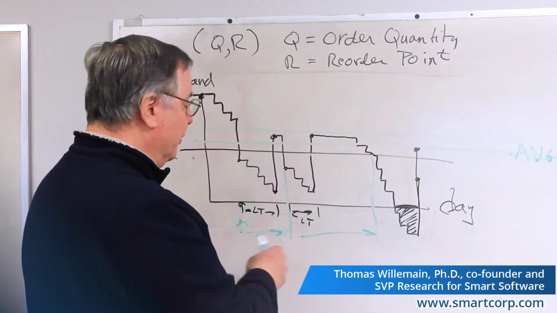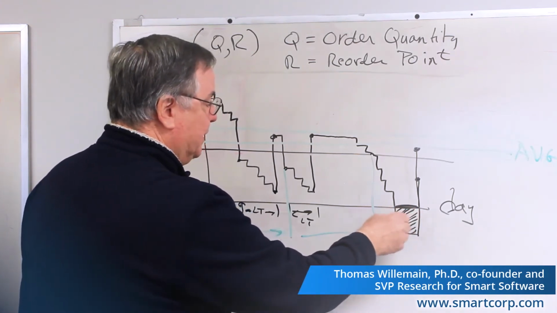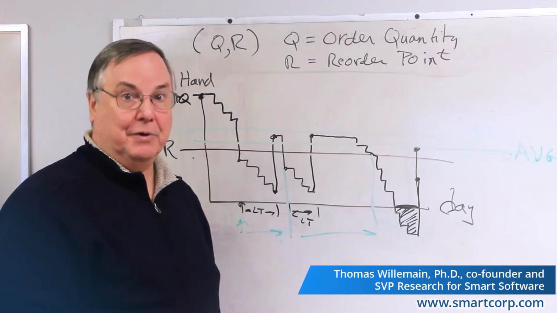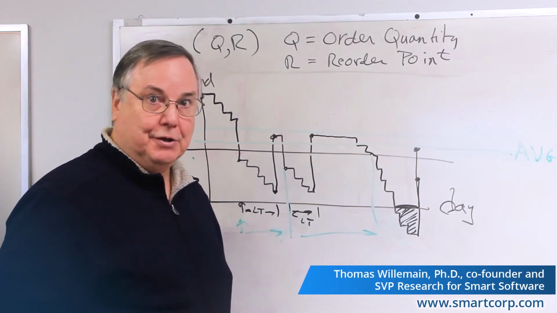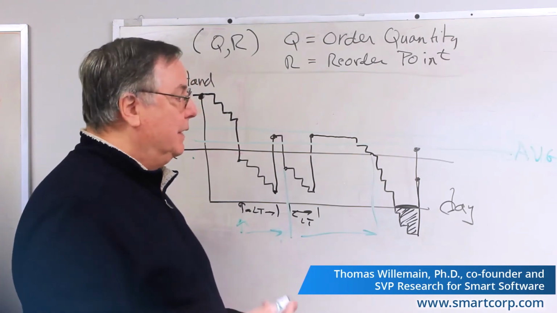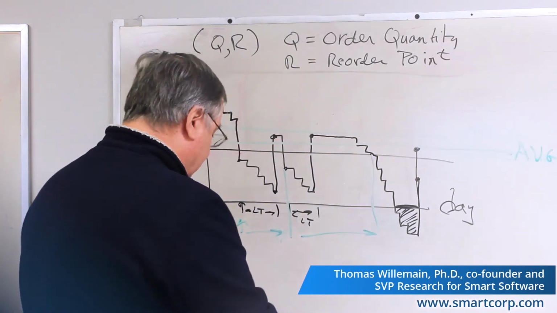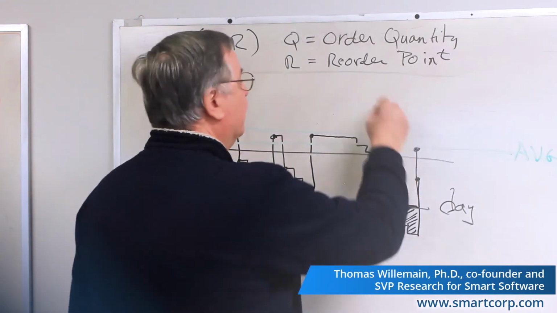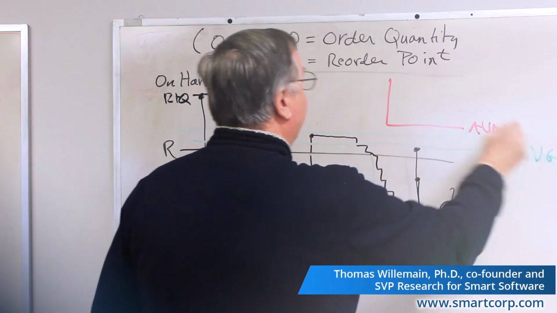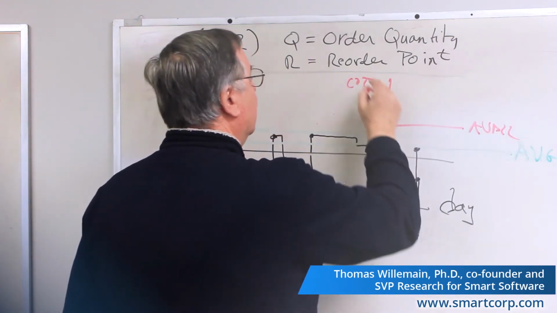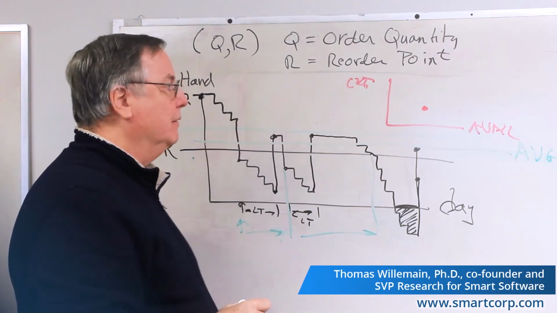So you get the order cost, and then you can look at the frequency of these outages where you go negative, and from that you can derive the shortage cost, and you add those together, and that gives you your total operating cost. So if you go back to our fundamental trade-off curve, where we have availability and cost, you can see where you are on that curve.